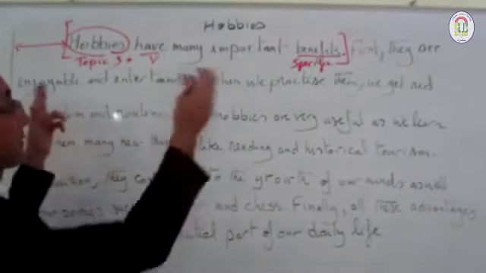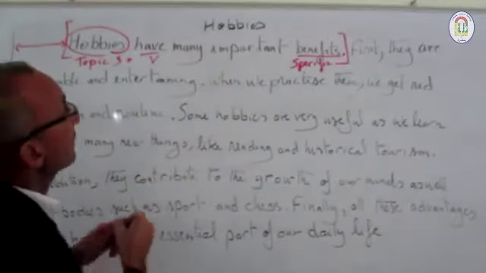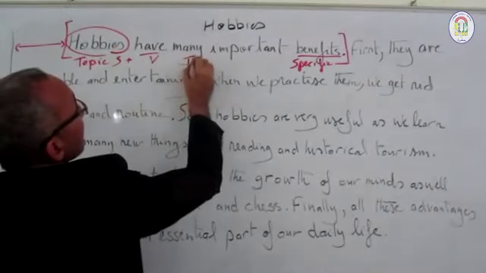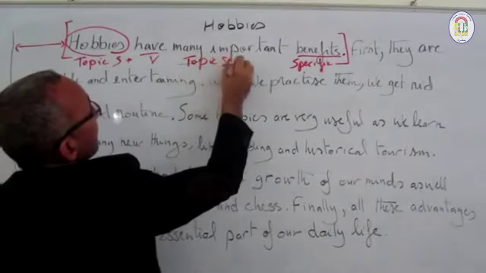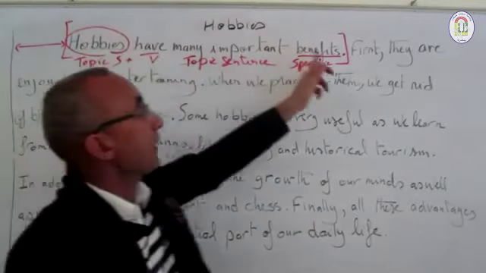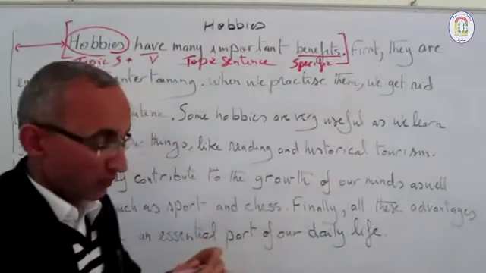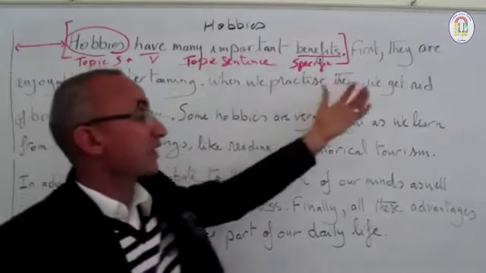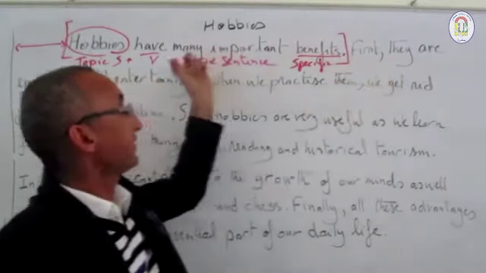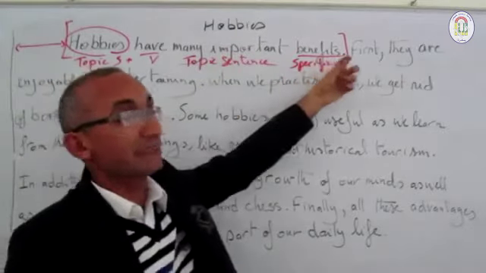Then, after the topic sentence, we move on. So this is my topic sentence. It starts from hobbies and ends in benefits. After the topic sentence, here comes the development of the topic and its main idea.